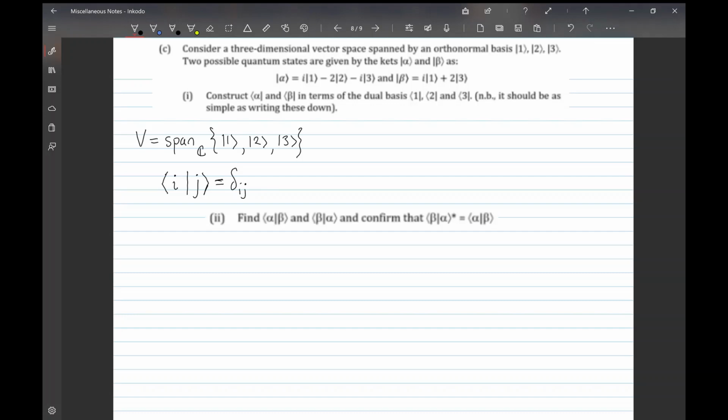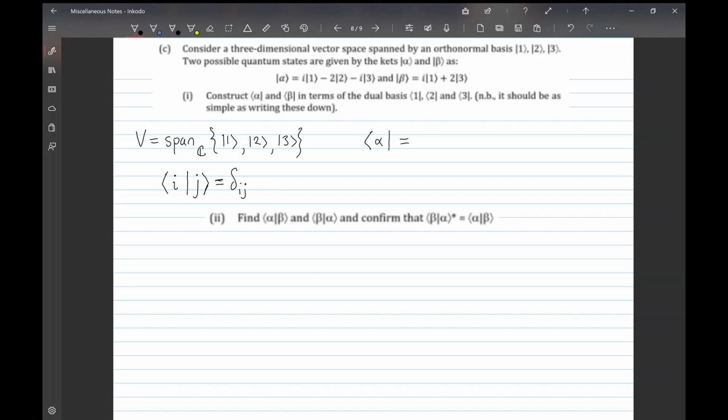If we think of column vectors as being 1 by 3 matrices, then we can very easily take adjoints of it, conjugate transposes, as we talked about in the previous question. And that is exactly what these dual vectors here are going to be, simply just the matrix adjoints, the conjugate transposes.